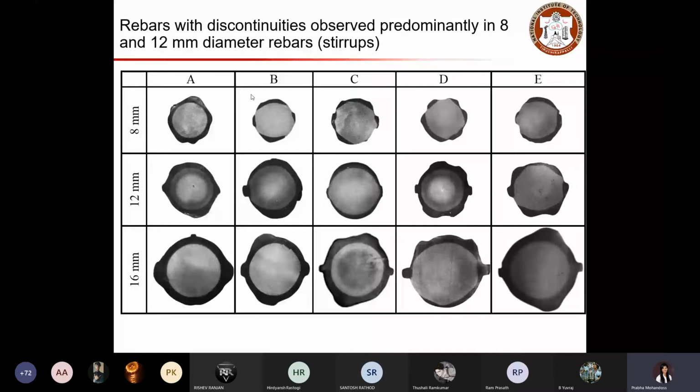Okay, then you see a lot of ads, right? They ensure that if you use this rebar, your building will stay for 100 plus years. So those are like commercial claims. But in fact, if the quality doesn't meet, then those things will not stand for that long a period, right? So anything to add on?